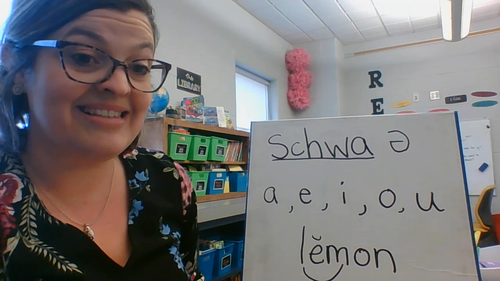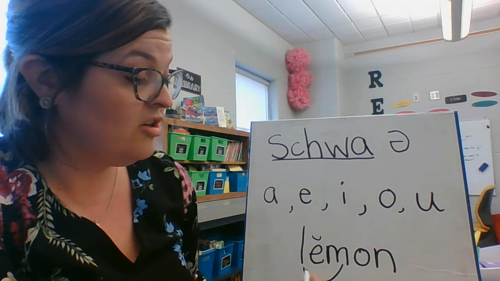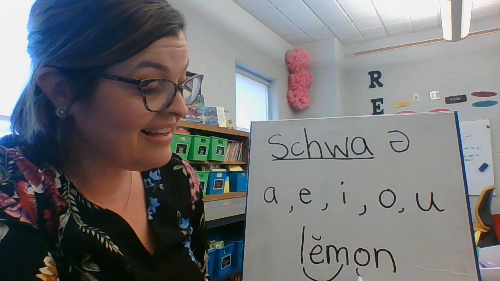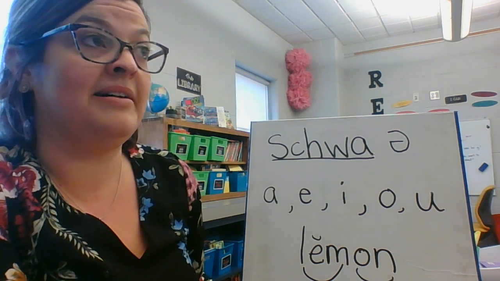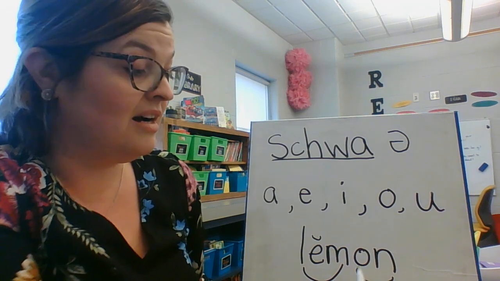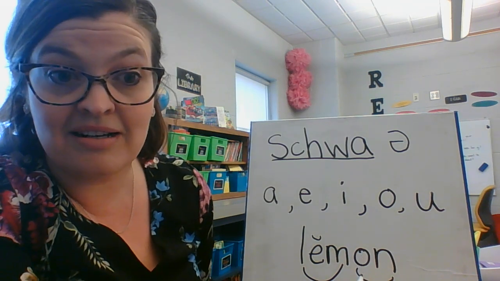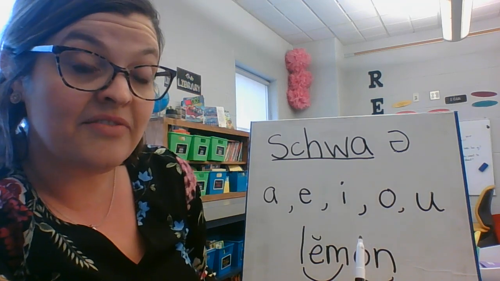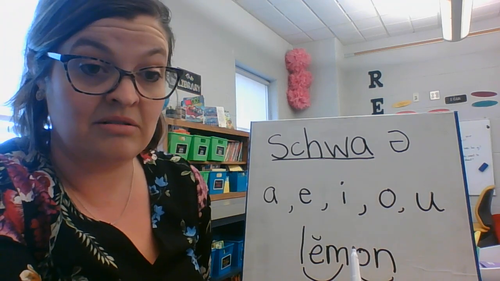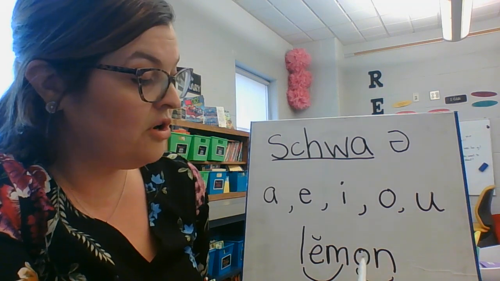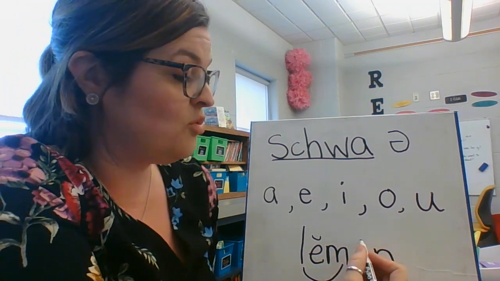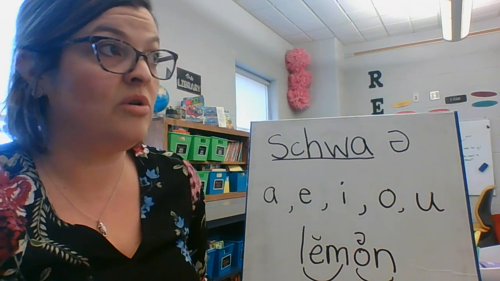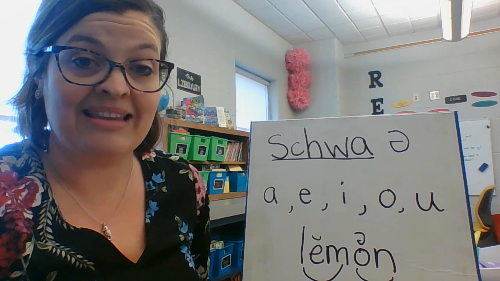It has the short E sound. So this is a closed syllable, pretty standard. The second syllable, lim-un, lemon, we know that the O, we expect to say ah if it's short or oh if it's long, but not here. So it is the schwa in this one because it sounds like a short U, or depending on how you say it, it could sound like a short I, lemon.